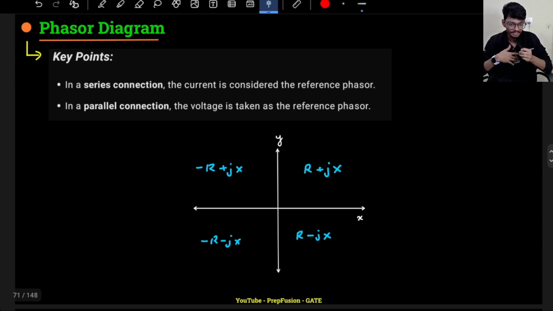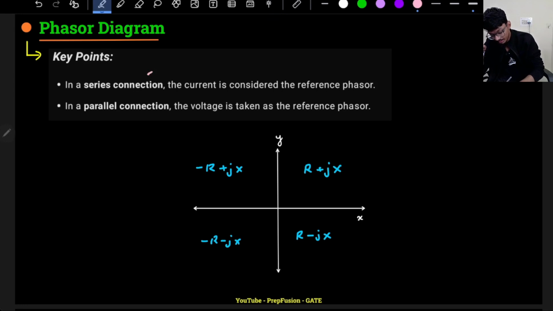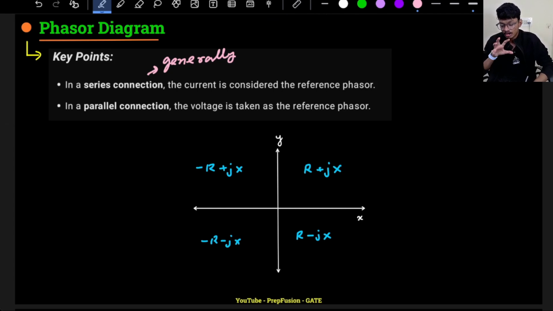Here are a few key points I want to say. We will discuss later as well what to take as reference or what not to take as reference. So one key point is there in series circuit. Generally, this will be the general trend, but you have to be smart. With question practice, you will understand what you have to take as the reference and what you don't. Because if you choose a reference, that basically describes how you will calculate the question. In AC, reference is very important.